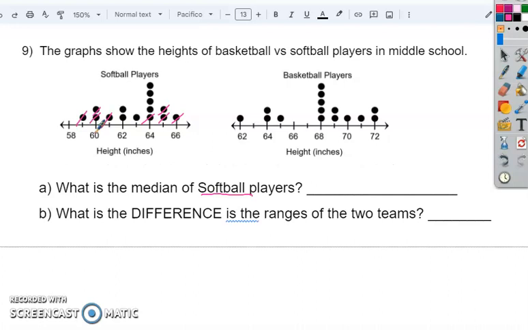B, what is the difference between the ranges? So this was that question. So I need to find this range. Biggest minus smallest. Subtract that. Same thing here. Biggest minus smallest. This one has a dot. Okay, this is our dot. Find the range and then subtract. So basically, you're subtracting 3 times. Find this range, then subtract.